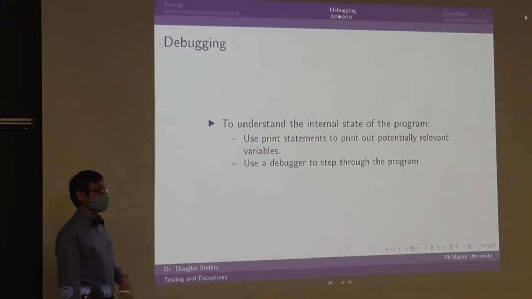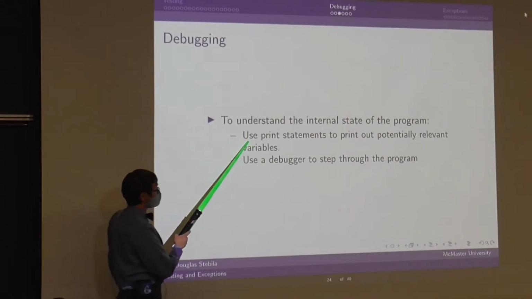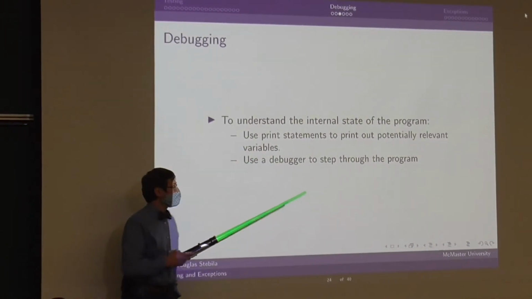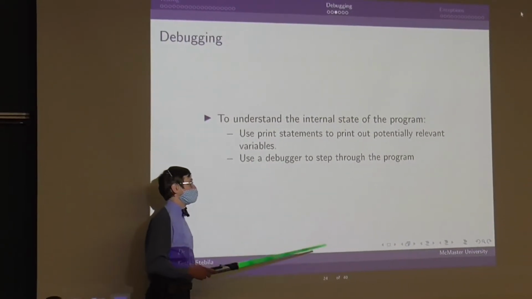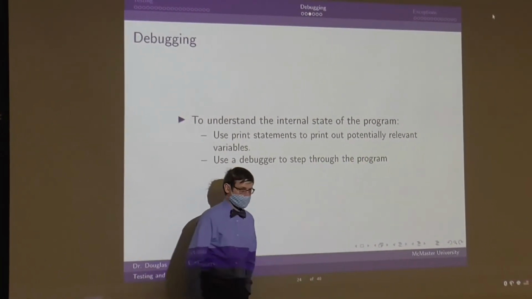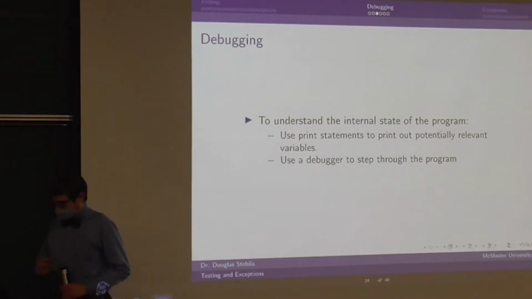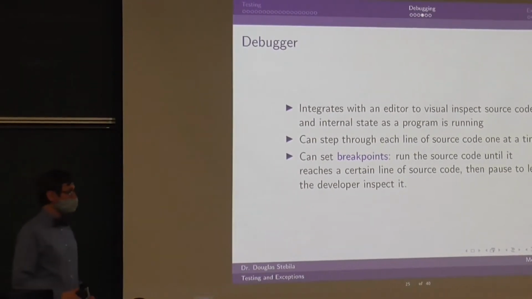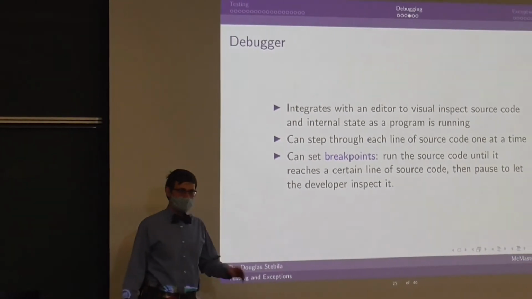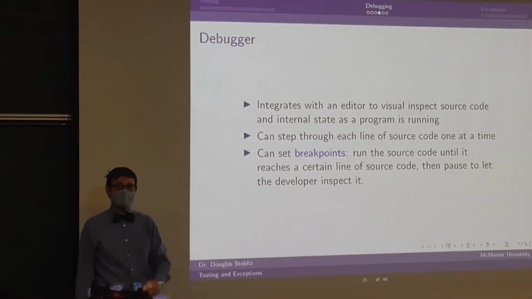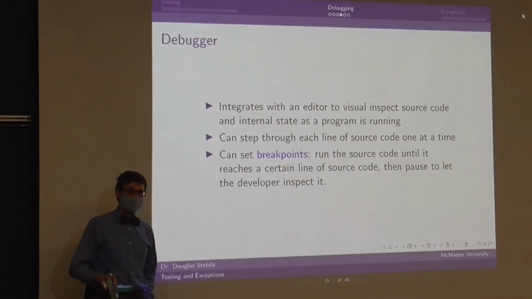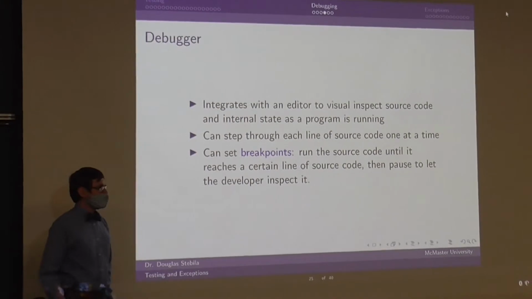So, to understand the internal state of the program, you can use print statements. This is also known as tracing the program. And you can also use a debugger to step through the program. Most languages will have a debugger attached to them. It's one of the first things you make for any language when it comes out.